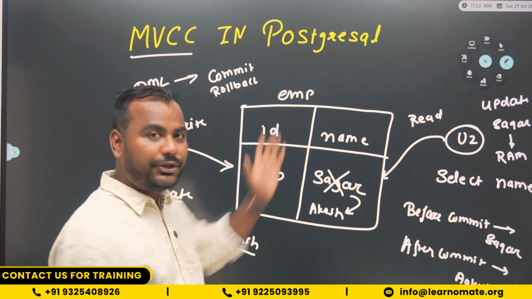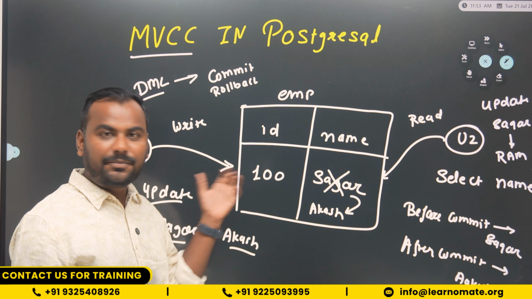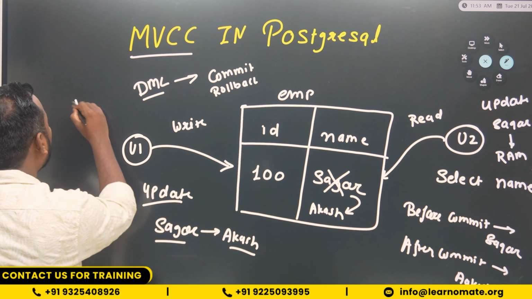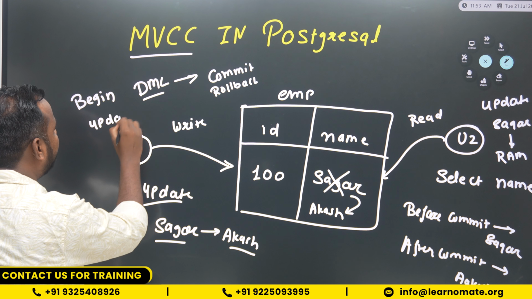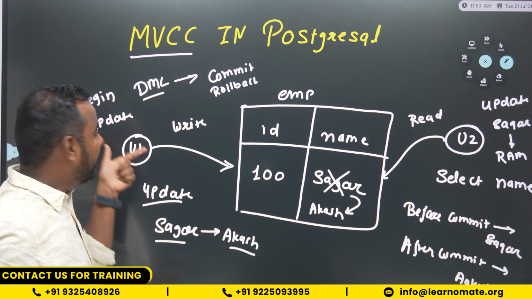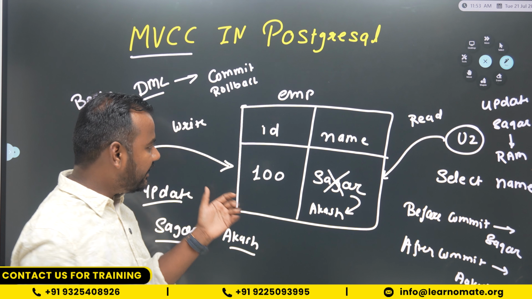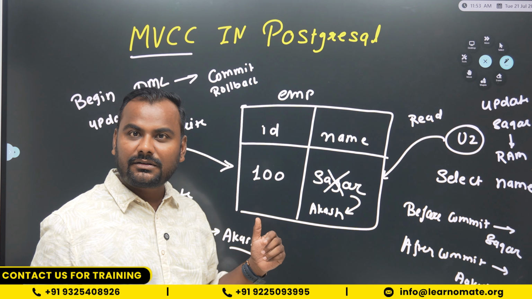U1 is updating, U2 is also updating, and U1 has not committed. In PostgreSQL, if you don't want auto commit, you can write your update under a begin statement. Unless you commit, it will be an uncommitted transaction. So basically U1 and U2 are both doing write operations.